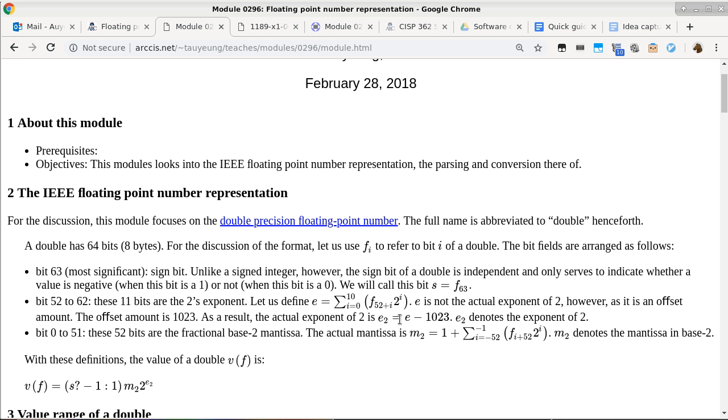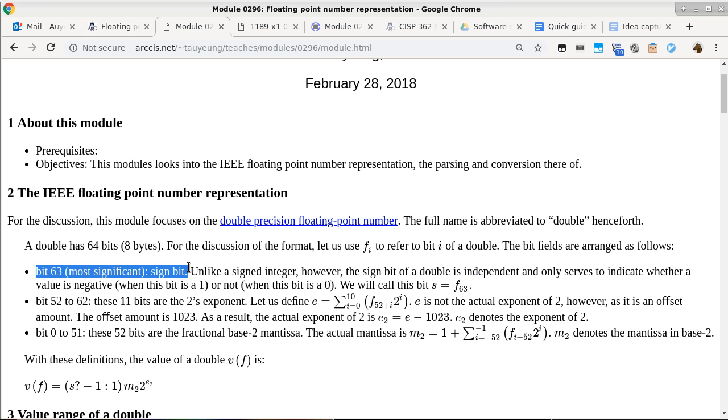The first one, or the least significant one, is going to be f0, and then all the way up to f63. Because if you count from 0, the most significant bit is bit 63 and not bit 64.